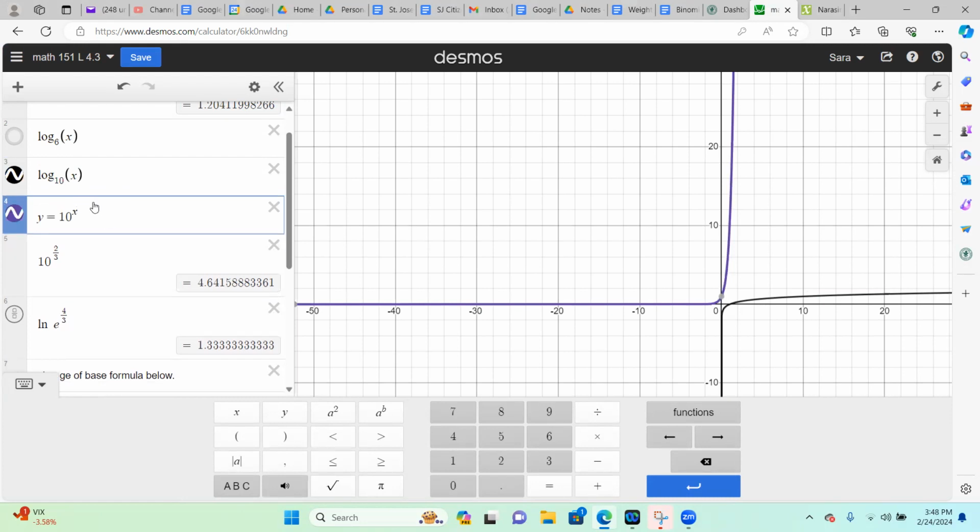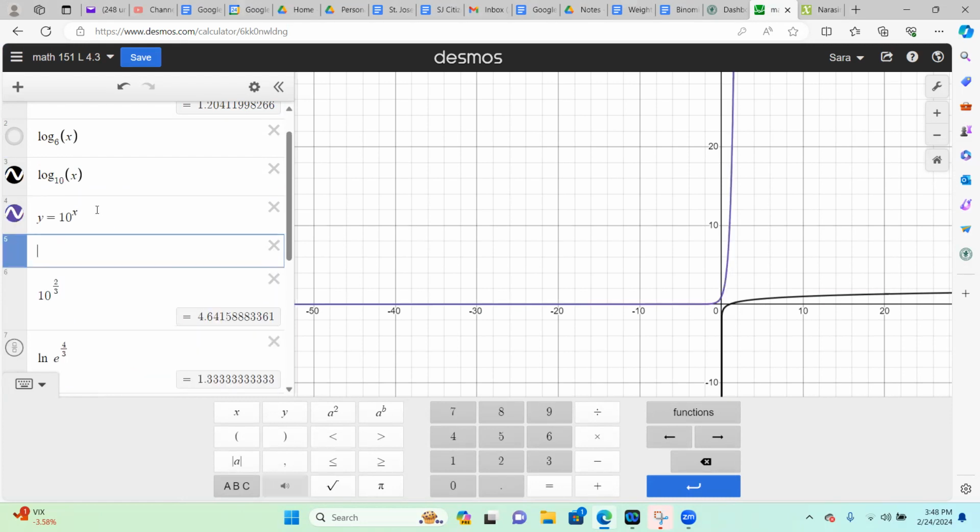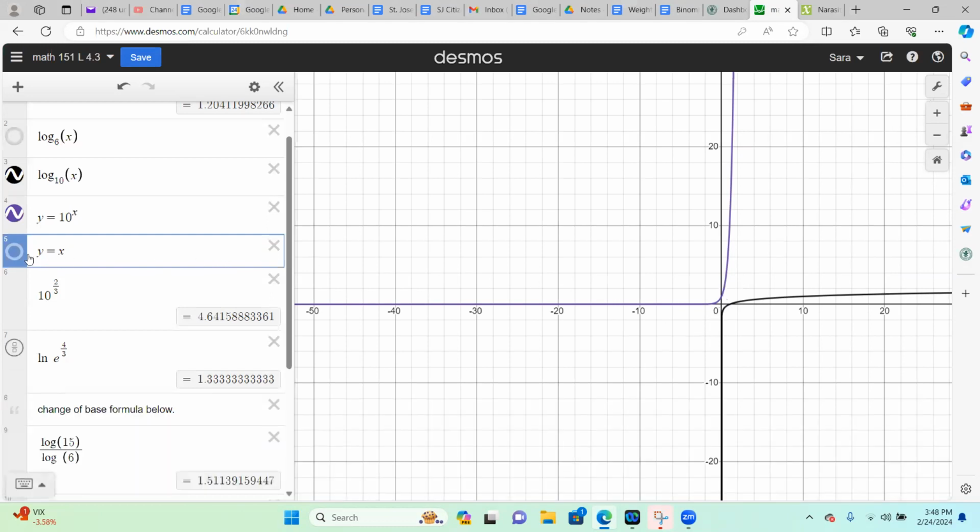And remember, they are going to be symmetric around the line y equals x, which is what we learned back in lesson 4.1. So just kind of getting used to the graph.